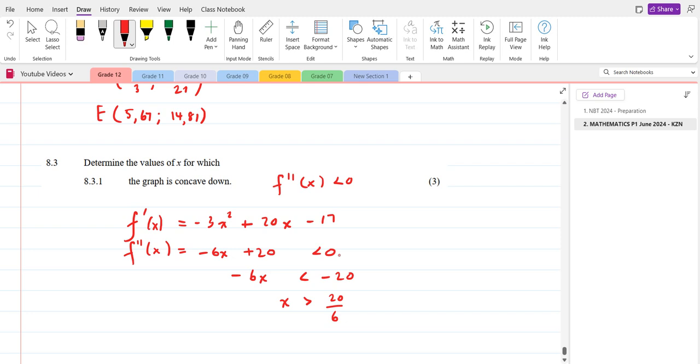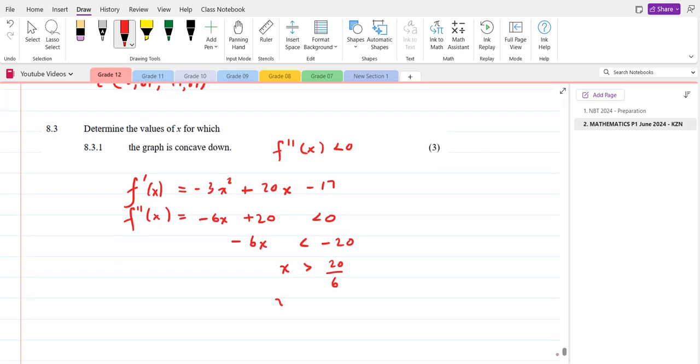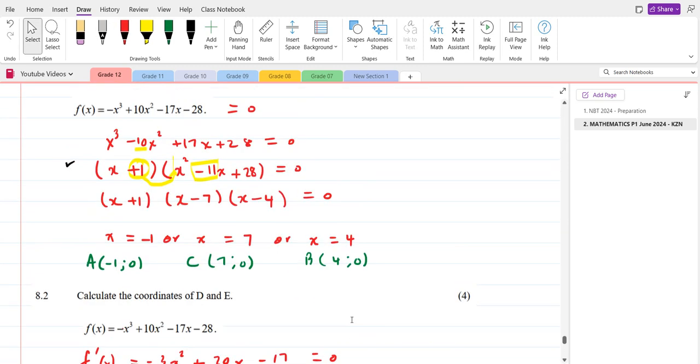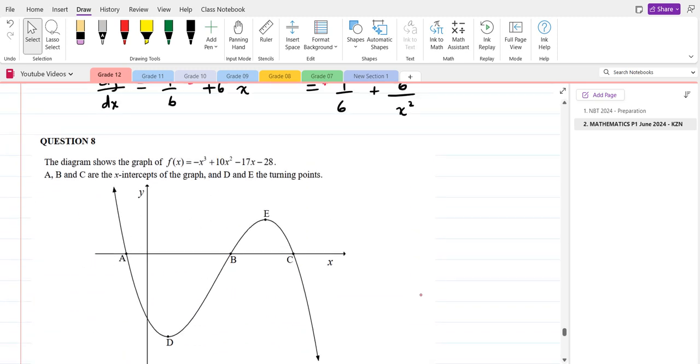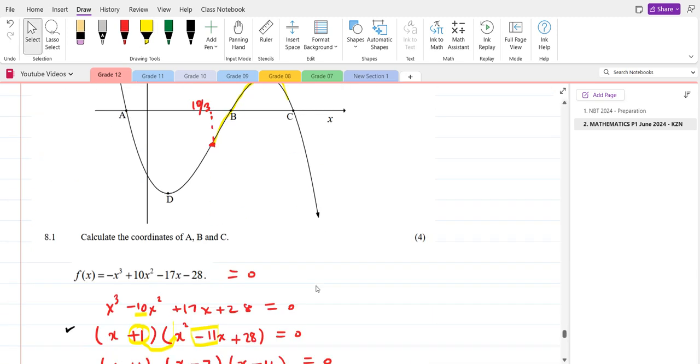Dividing by negative, change the sign, which is x is greater than 10 over 3. Now let's check for x value greater than 10 over 3, is it concave down? Yes, for greater than 10 over 3 is somewhere around here, right? That's 10 over 3. The graph is becoming concave down. And less than 10 over 3, concave up. At 10 over 3, inflection point.